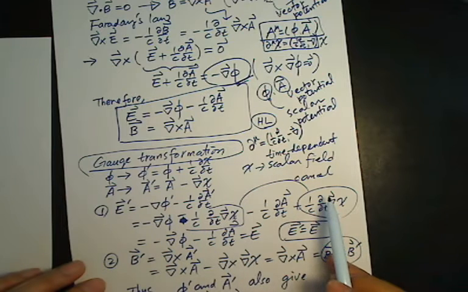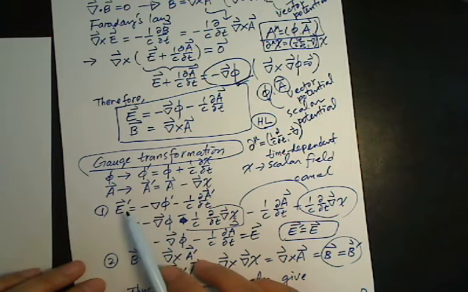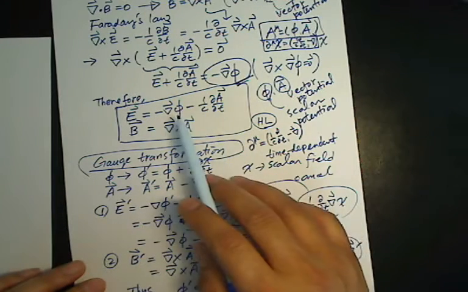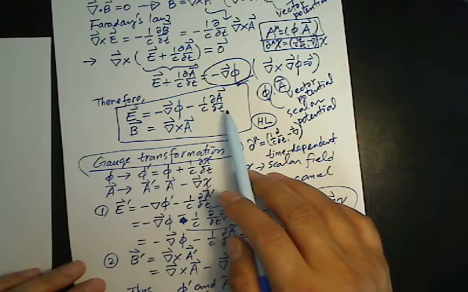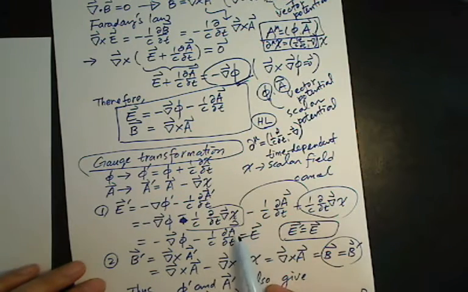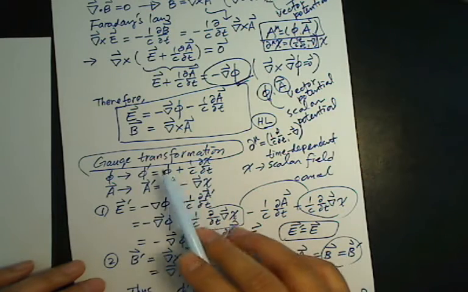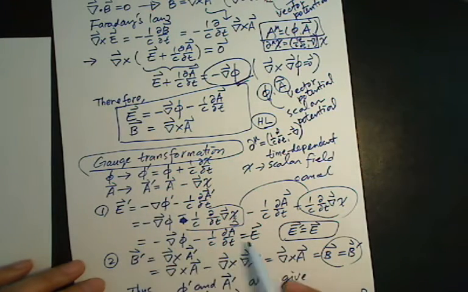They cancel exactly. So E prime becomes minus gradient phi minus 1 over c dA/dt. This form is exactly the same as the original one before transformation. Therefore, if I introduce these two contributions in here, the electric field does not change at all.